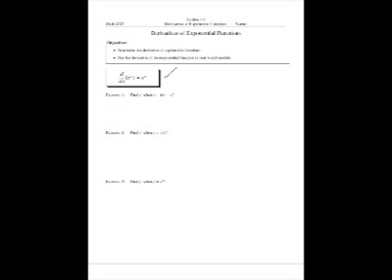Example 1, find y prime when y is equal to 8 times e to the x plus x to the 8th. So here we have y prime is equal to, the first one is 8 times e to the x.